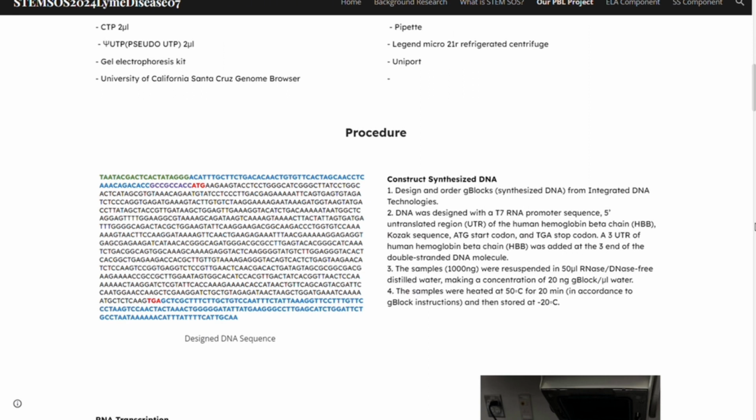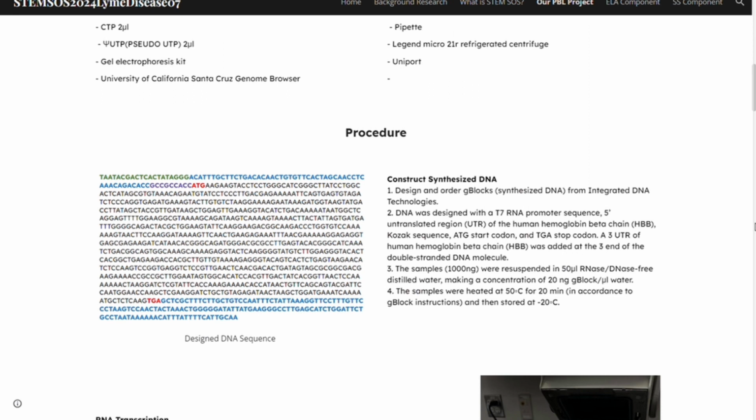We then added a DNA sequence which is derived from outer surface protein A's protein sequence, then optimized for the human body. We then added a stop codon and then a 3' UTR which is also derived from the human hemoglobin beta gene. We ordered our designed DNA as a gBlock, which is what the company we ordered our synthesized DNA from calls synthesized DNA.